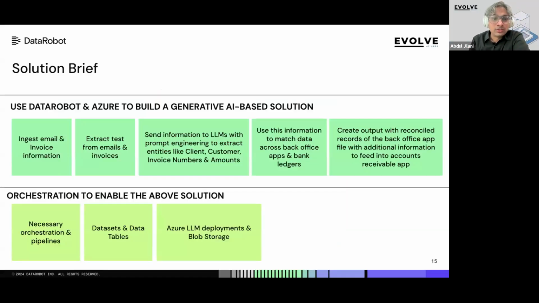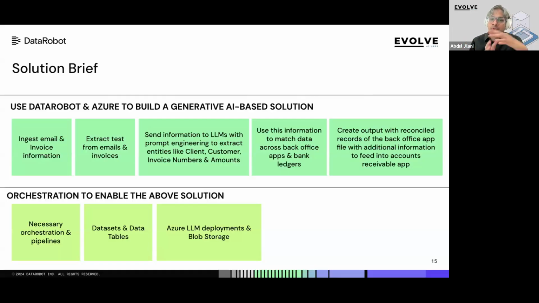So just looking at the solution at a very high level, there were two parts. One was the DataRobot piece, and the other one was the Azure piece. What we were doing with this generative AI solution is that we understood that at the crux of the problem, we needed an entity extraction and resolution engine.